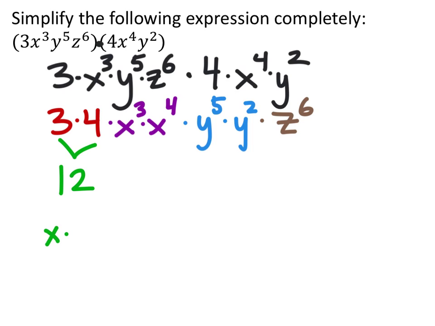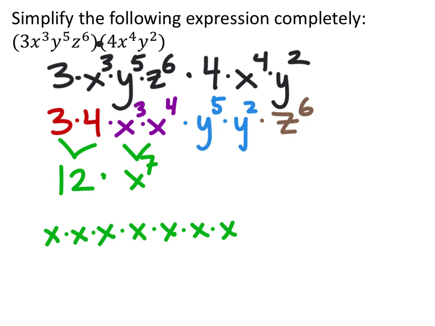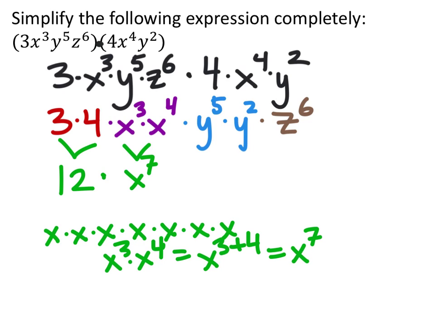I would have x times x times x, that's x cubed, times 4 more x's. Okay, so that would be x to the power of 7. So some of you remember from the product rule, if I have the same bases like this being multiplied together, then we simply add the exponents, and again that gives us x to the 7th again.